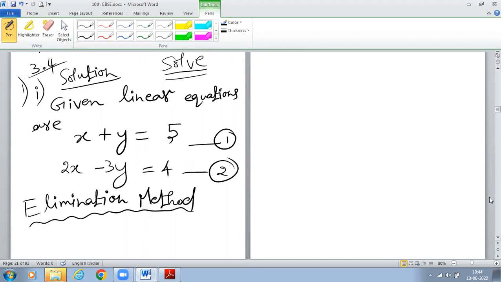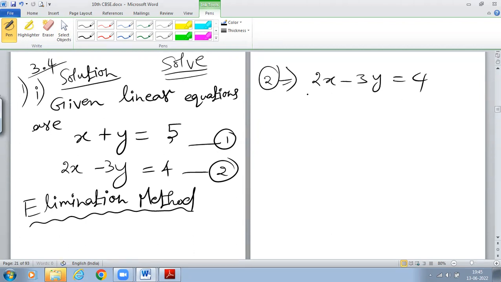For eliminating, the first step is, since the numerical coefficient of y is not the same, here it is 1y, here it is 3y, we have to make the numerical coefficient of one variable equal. In equation number 2, I'm going to write as it is: 2x minus 3y is equal to 4.